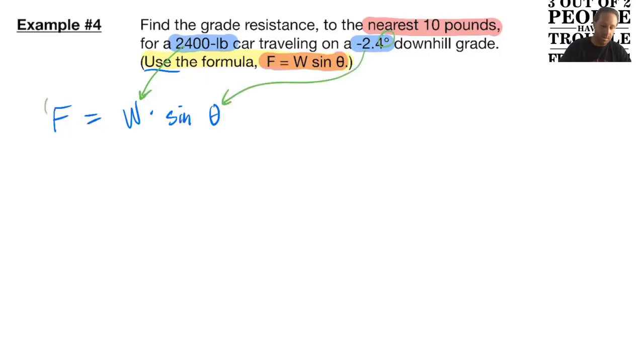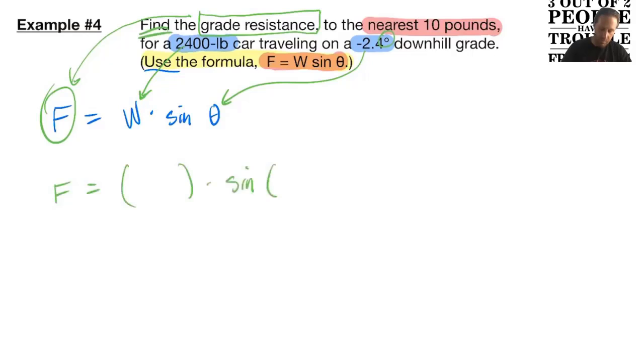So it's already set up to find F, which probably represents the grade resistance. So since that's what they wanted me to find, beautiful. All I have to do is plug those two values in and figure out what their product is.